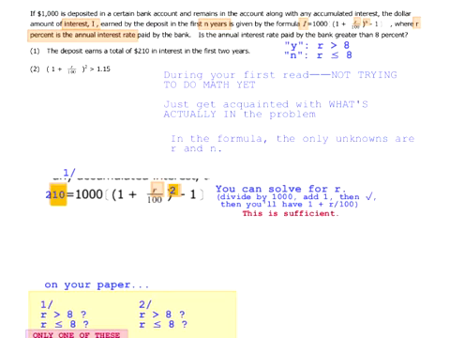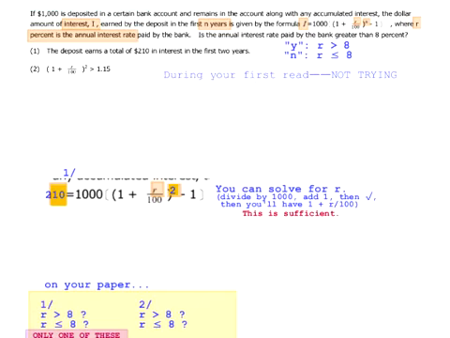Now, statement 2. You can't really solve this, because there's no way, unless you want to take the square root of 1.15 in your head. Well, maybe. Let me move this stuff upward.